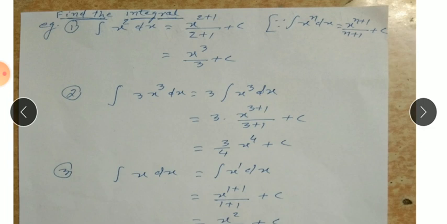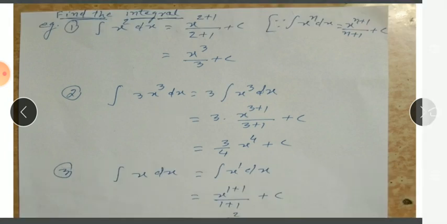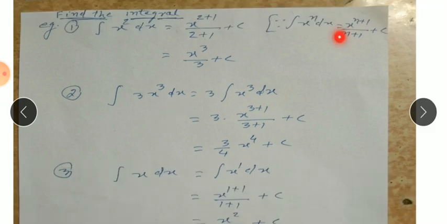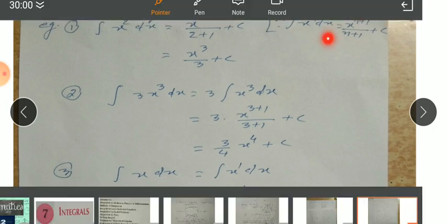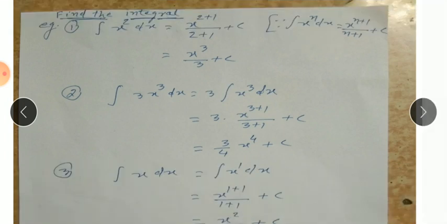Integration 3x cube is equal to, see, 3 is a constant. A constant is outside of the integration sign. Now integration x cube dx, using the formula, integration of x raised to n is equal to x raised to n plus 1 upon n plus 1.